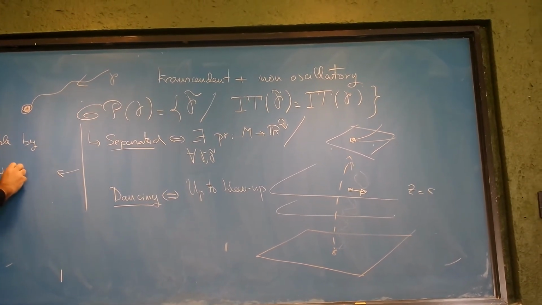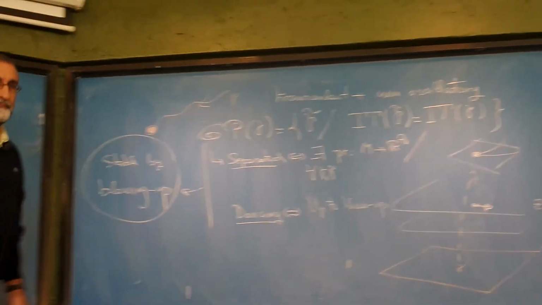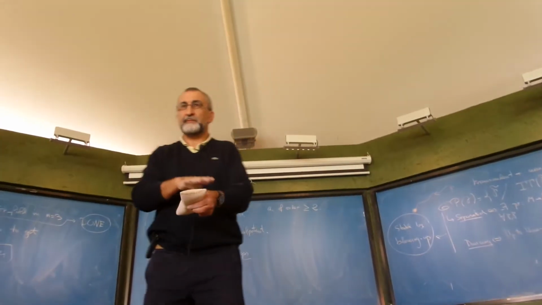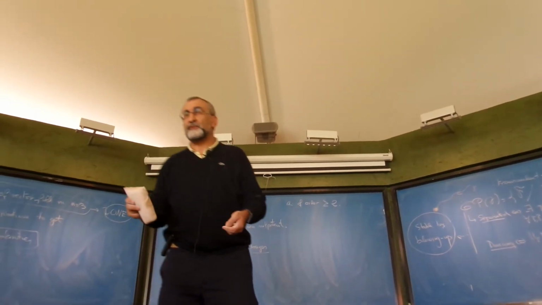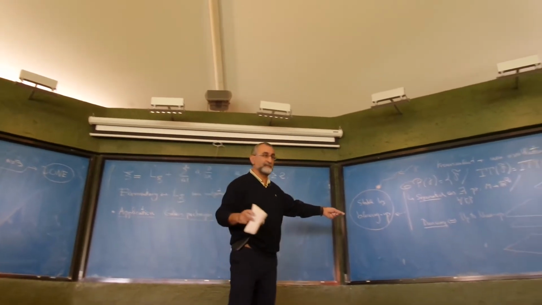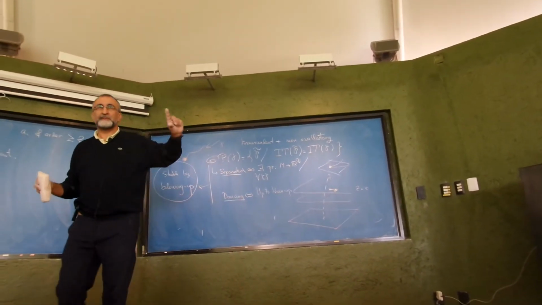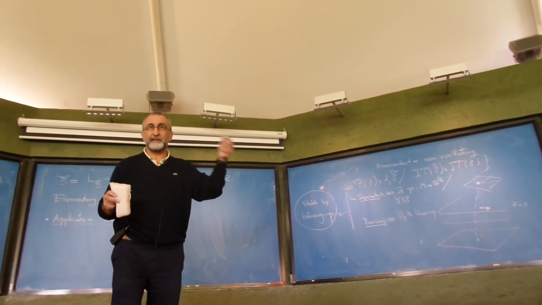So if you have a package of one type and you blow up, you obtain a package of the same type. In the second definition I say up to blow-up, but you can make the definition without saying that. It's just for being clear.